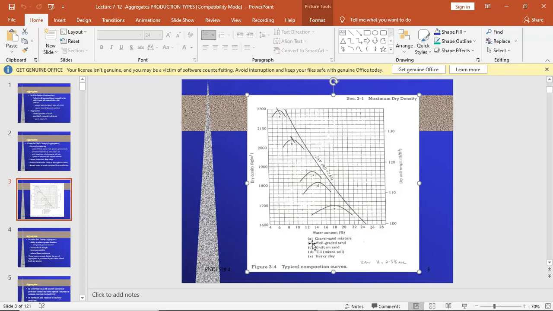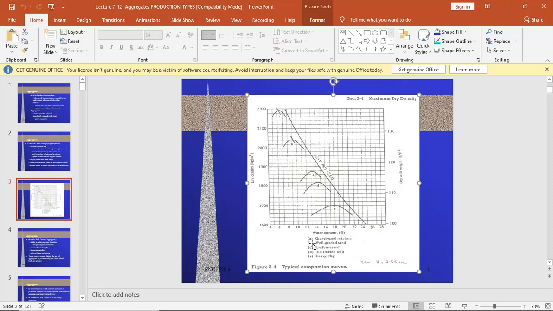Without going into any technical detail of the mix design, it's a very simple thumb rule. If you have a higher percentage of asphalt, it means it is a finer material as compared to the coarser material.